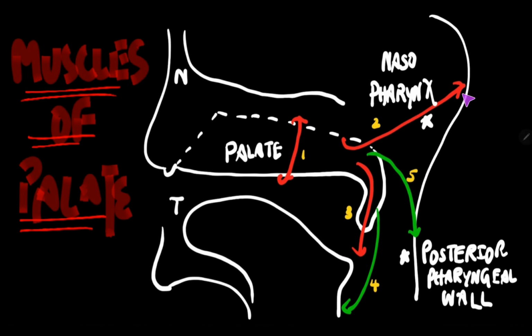Then one is attaching to the posterior pharyngeal wall. Another is hanging from the soft palate, that is the uvula, and another is supporting the tongue as well as the pharynx. So one is tensing, one is elevating, another is hanging from the soft palate, and one is supporting the tongue and pharynx.